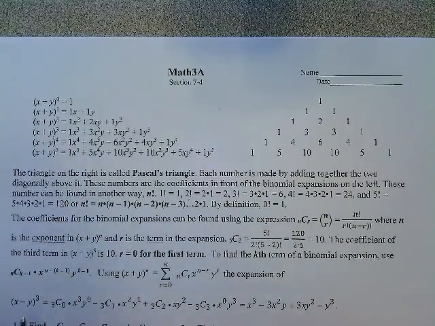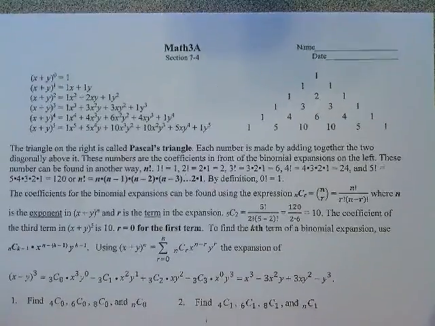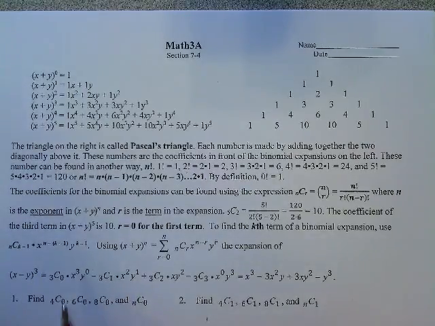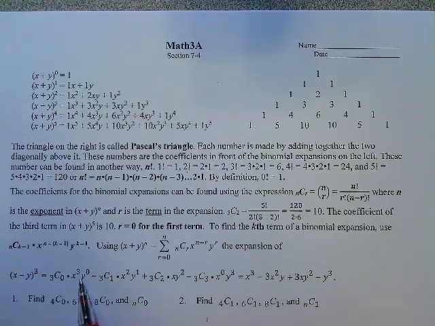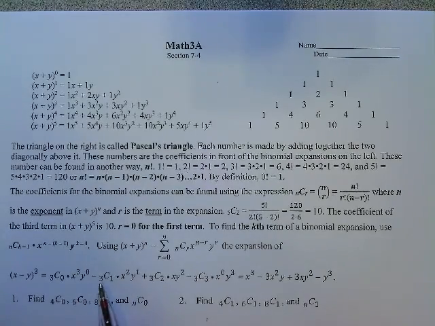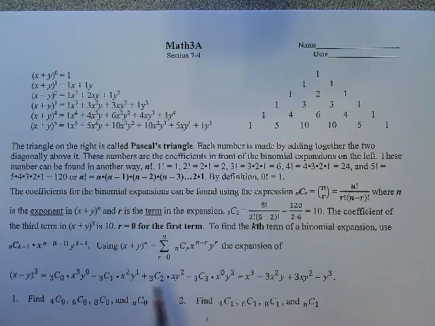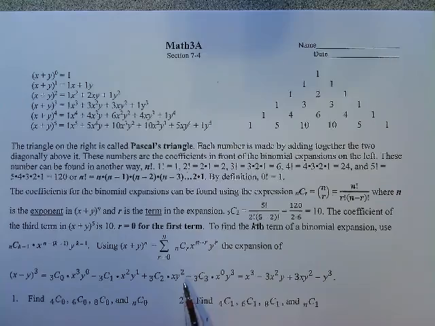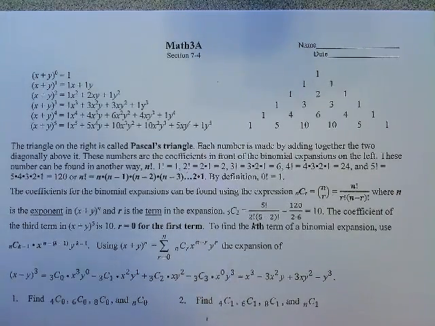So we could write out, following this pattern, if we were looking at (x − y)^3, we would have 3C0 x^3 y^0 − 3C1 x^2 y^1 + 3C2 x y^2 − 3C3 x^0 y^3.